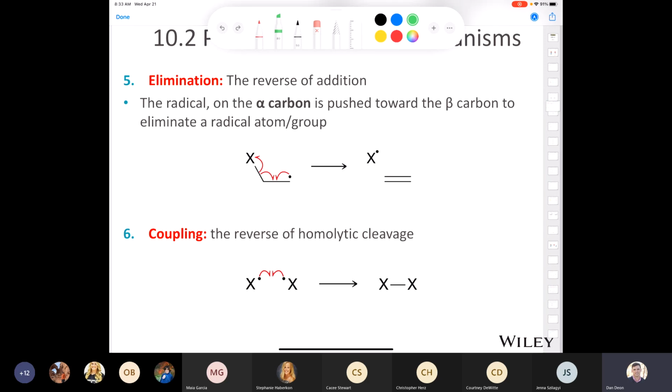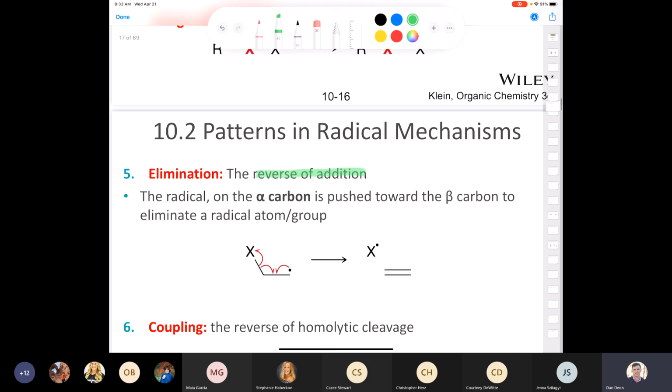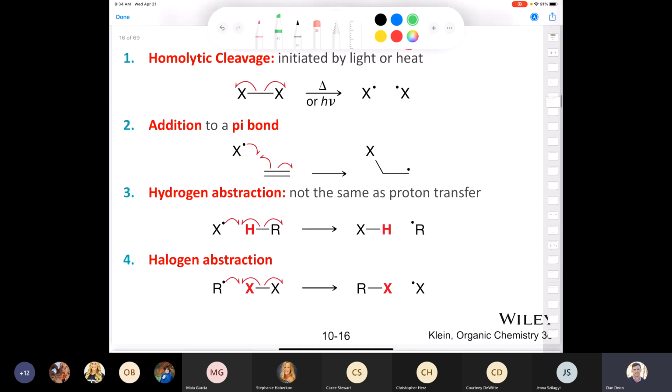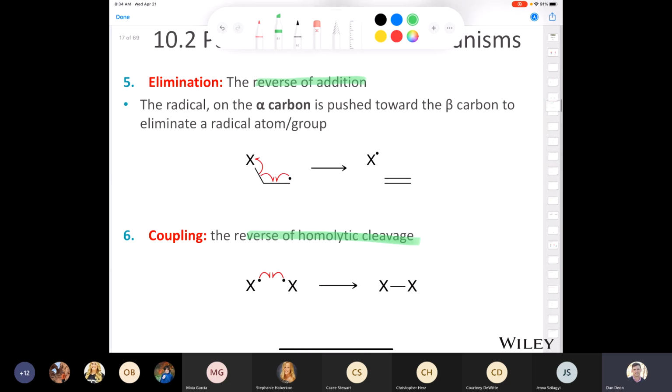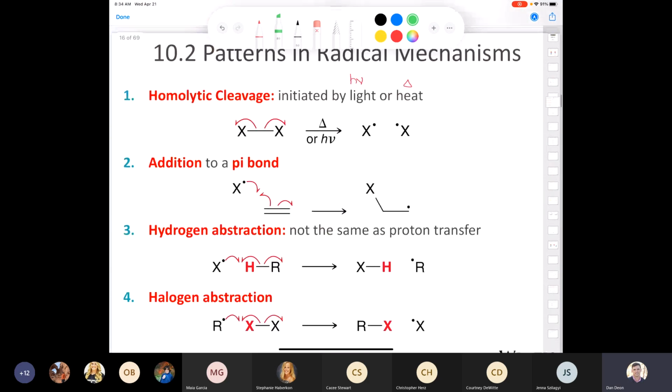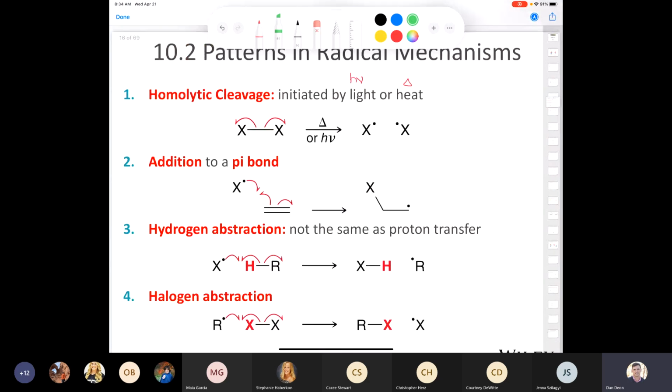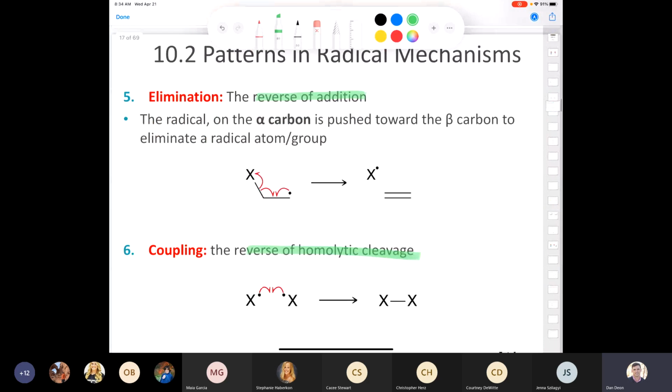Well, something that you might have noticed if you're very astute is that elimination is the reverse of the addition, which was the second reaction that we looked at, and the coupling is the reverse of the homolytic cleavage, which was the first pattern that we looked at. So we could say reverse of addition, which was pattern 2, and this was pattern 1.